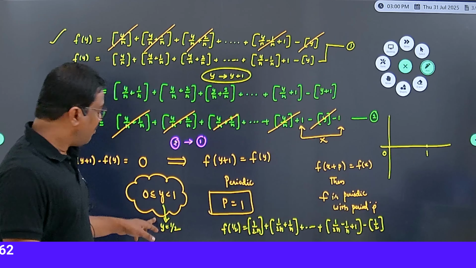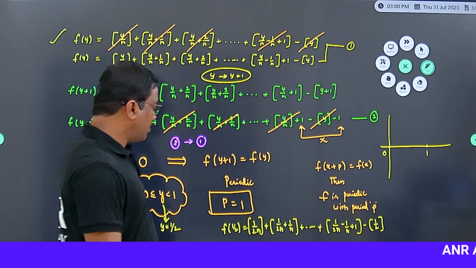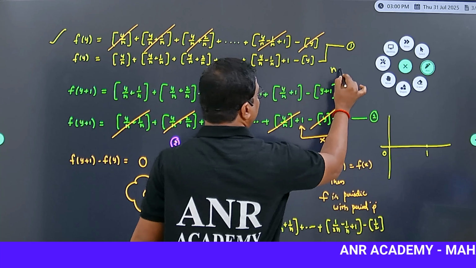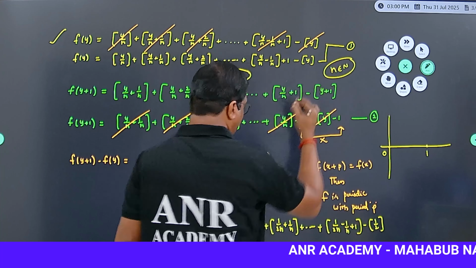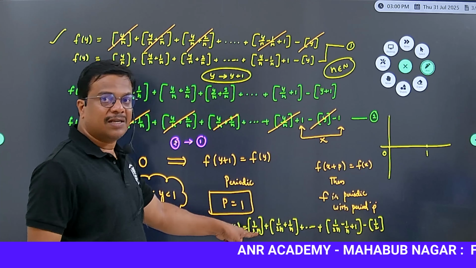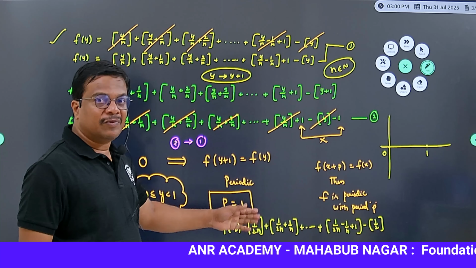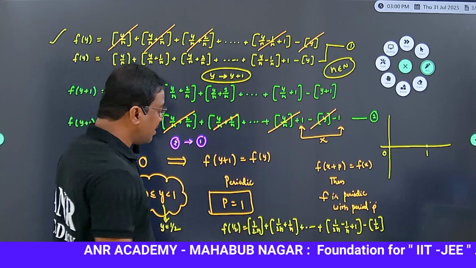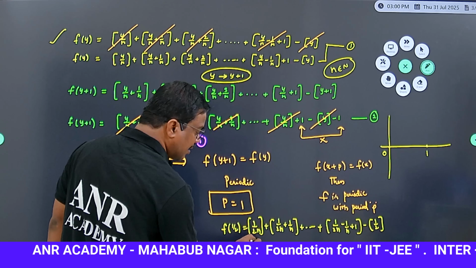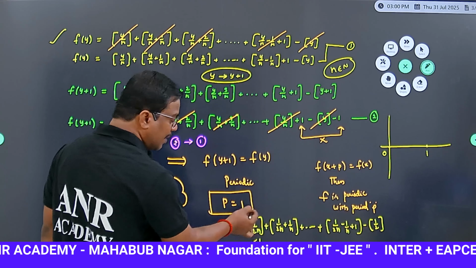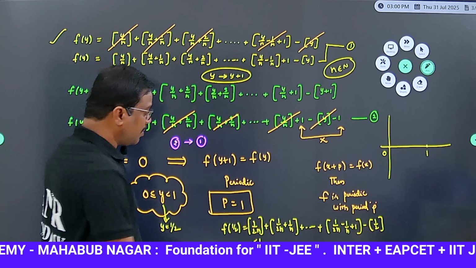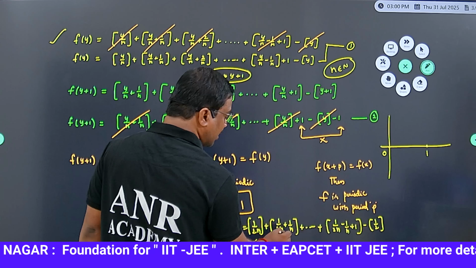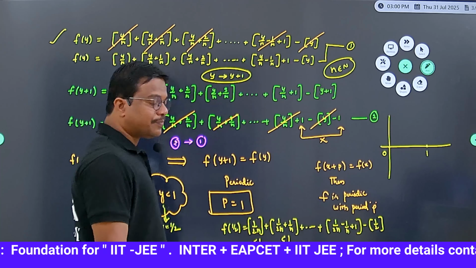Observe, whenever input is 1 by 2, since n is a natural number, as already given in the statement, if you write a natural number here from 1 to any natural number, whatever you write, it is clearly less than 1. 1 by 2n is less than 1. So step of 1 by 2n becomes 0. So this one is 0. It is also less than 1, so it becomes 0.